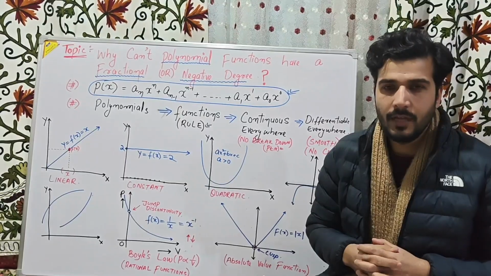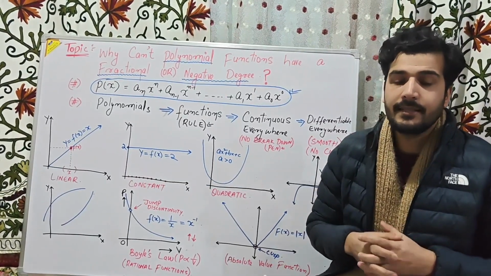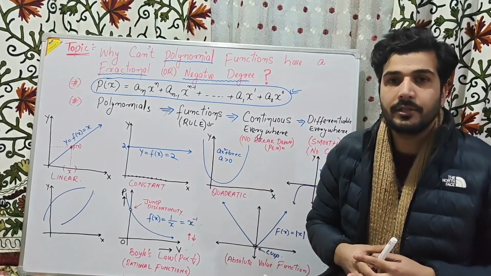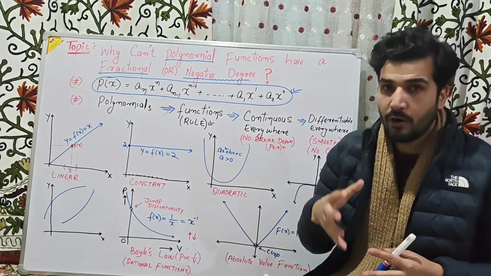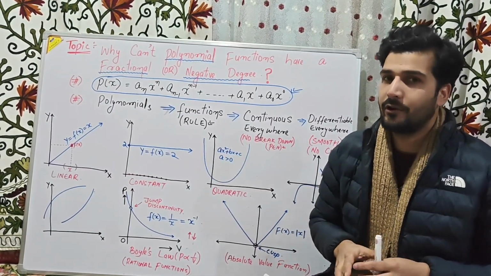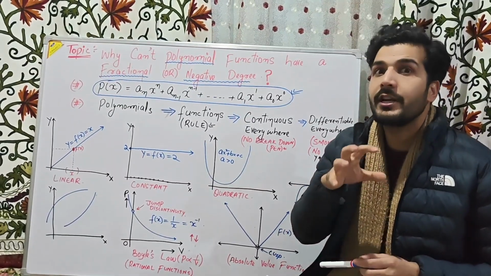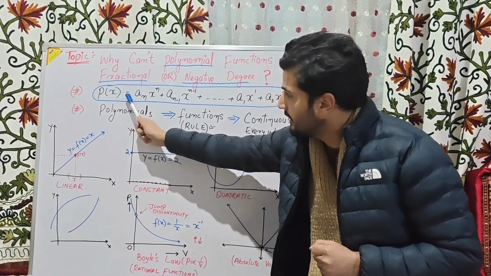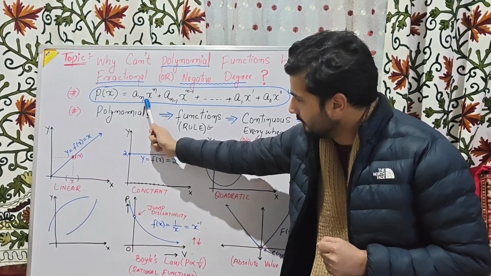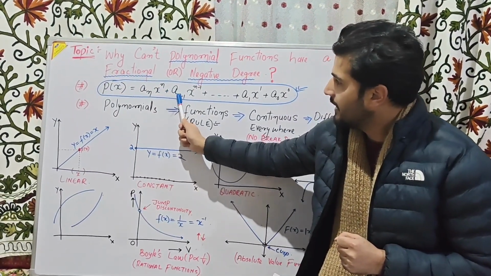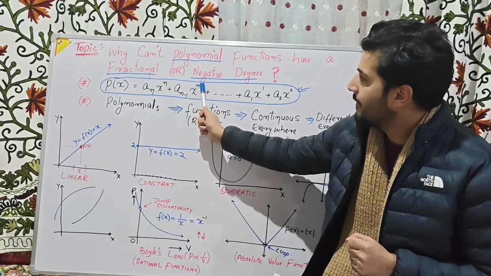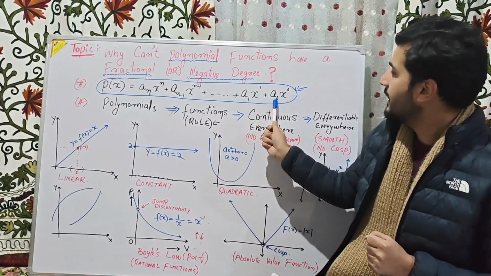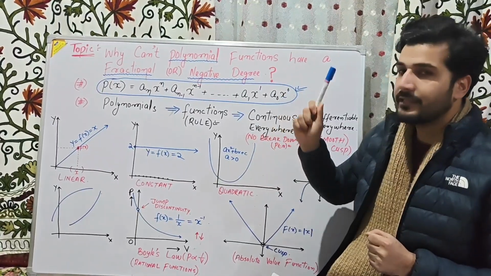Okay. So before discussing this, let us have a look at the general form of the polynomial. What is the general form of the polynomial function? It is p of x equals a_n x raised to power n plus a_(n-1) x raised to power n minus 1, plus so on, plus a_1 x plus a_0.